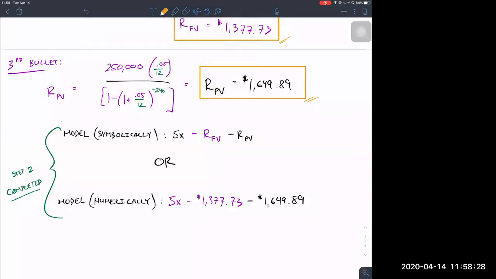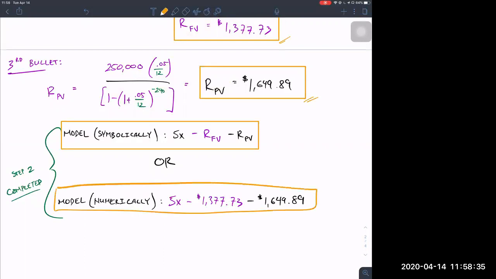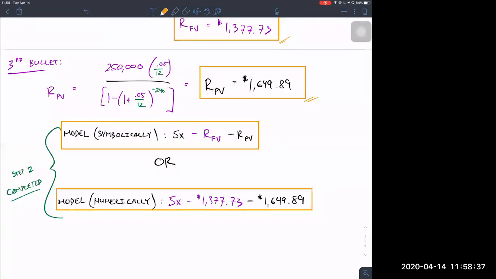So again, either of these are correct. Students generally do the second option because they took the time to solve for those numbers, so why not plug the numbers in? Some students like to move a little bit quicker, and that's why they do the symbolic one right there.